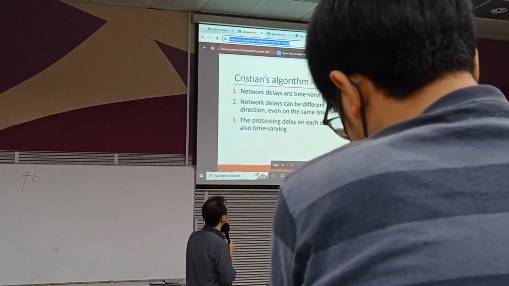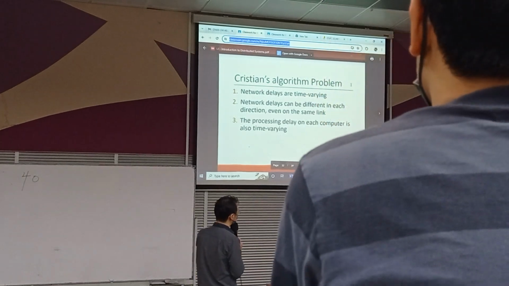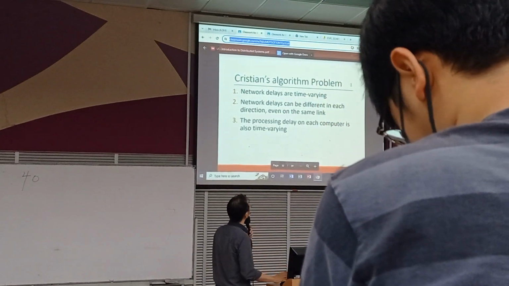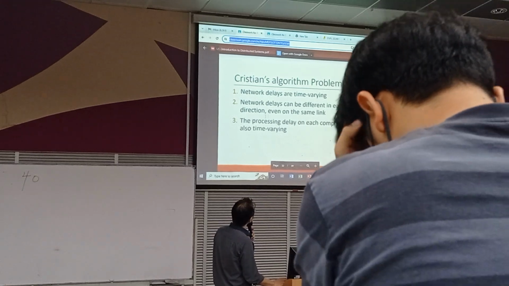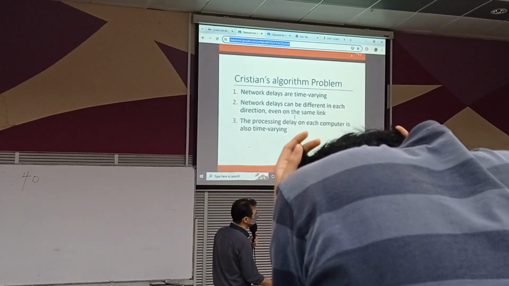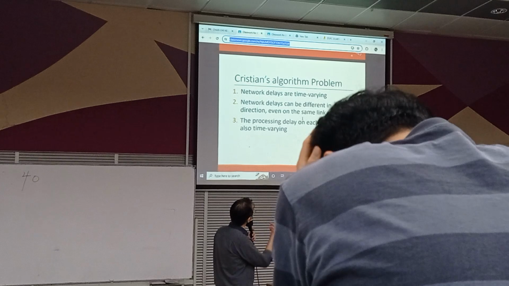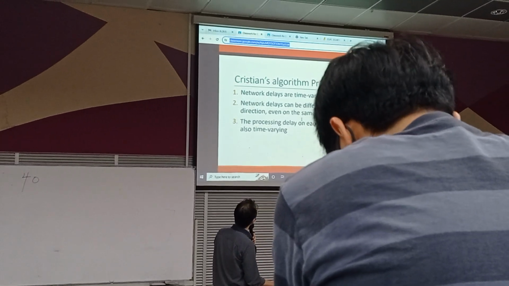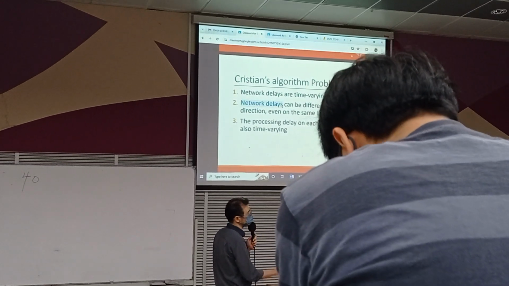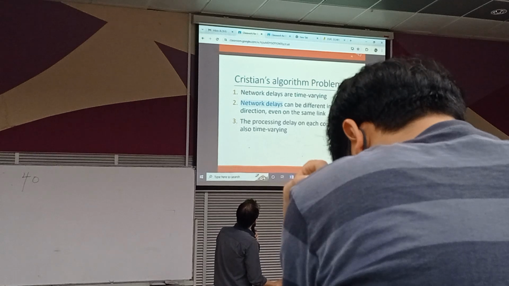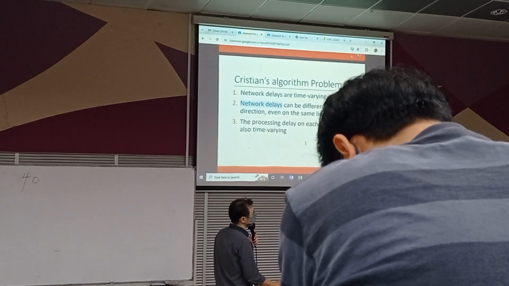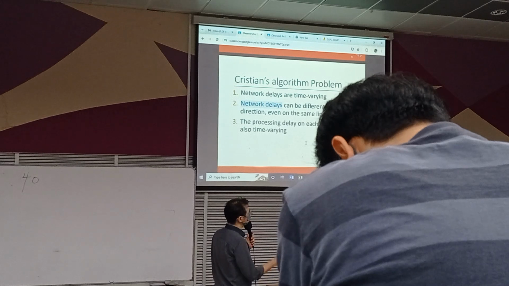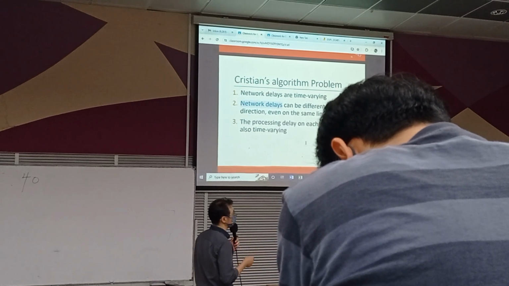But of course, it will not be very, very accurate. We hope that it's accurate, but it can be slightly different from the actual time. And here we assume that the network delay is the same. If it is different, then of course it's a problem for Cristian's algorithm. So this is the question that you asked just now. And then the processing delay of the computer might be different as well. Let's say for example the computer and server, when you receive, it will not send the message immediately.